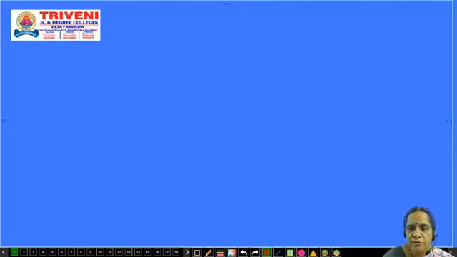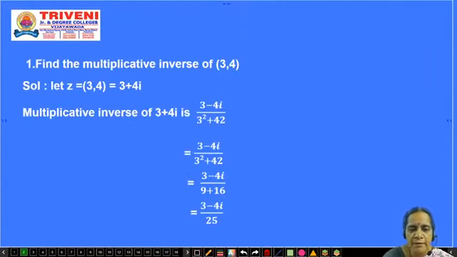And then let us go to the next topic in complex numbers, the multiplicative inverse. First we take the multiplicative inverse of (3, 4). Then z is equal to (3, 4). Any complex number can be denoted by z. z is equal to (3, 4) can be written as 3 plus 4i.